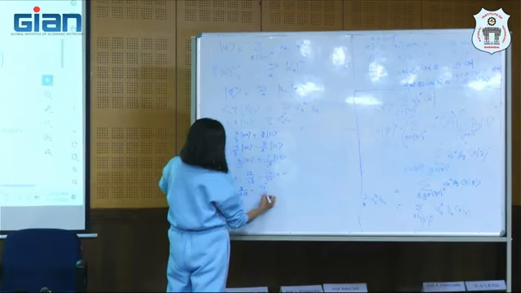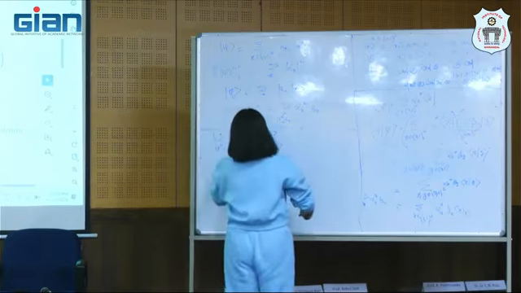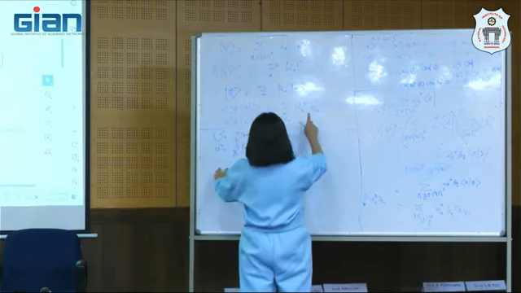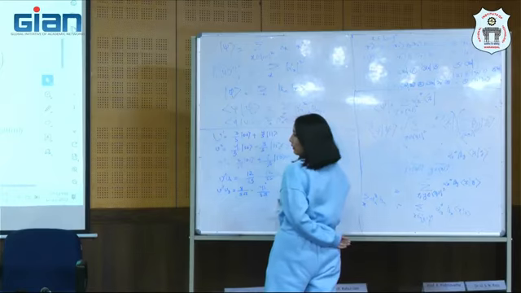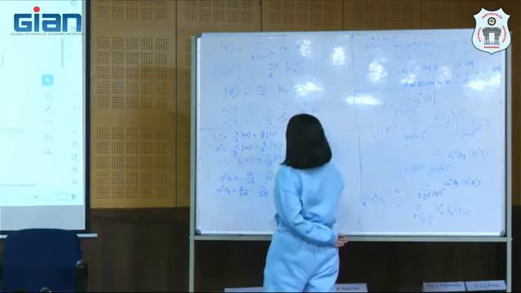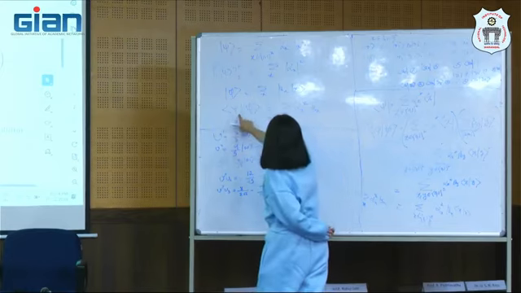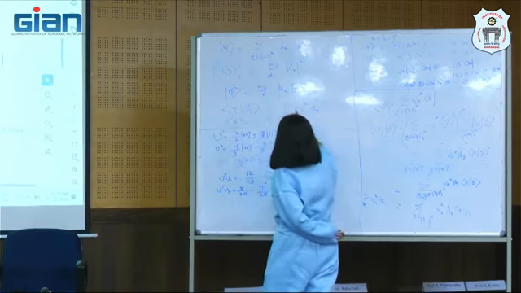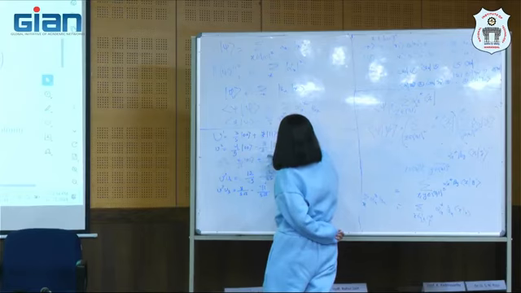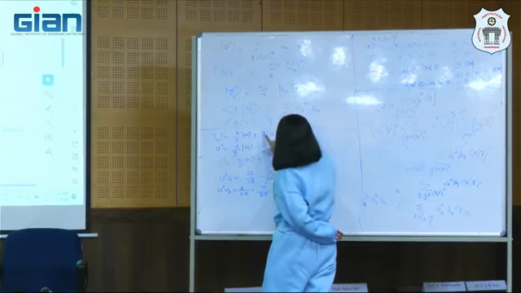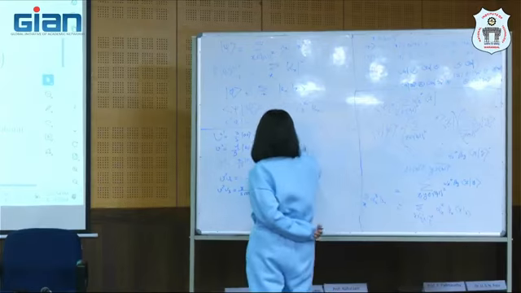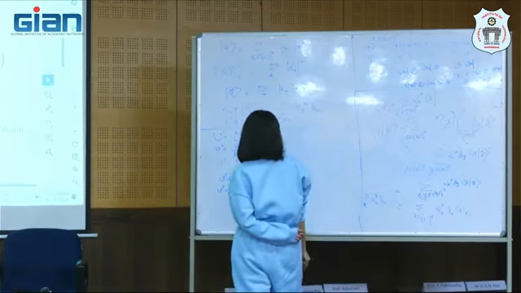Use the formula, V1 with V3. What are you using? That formula. How are you using that formula? How do you do that? What are you doing?